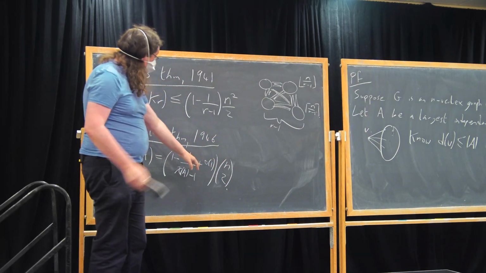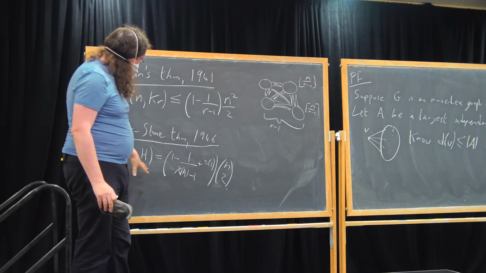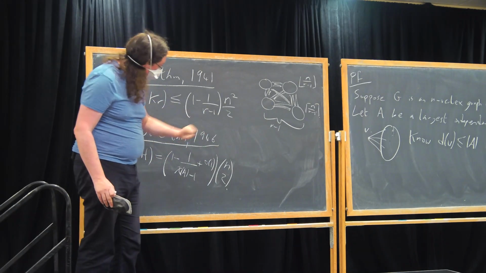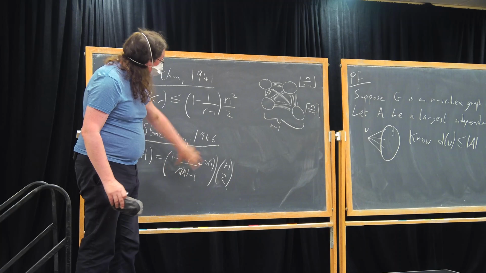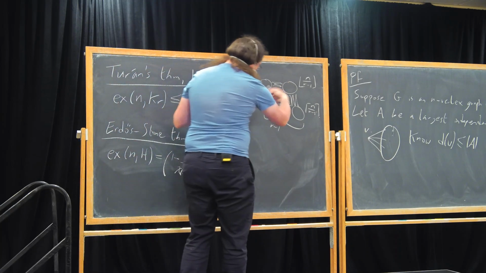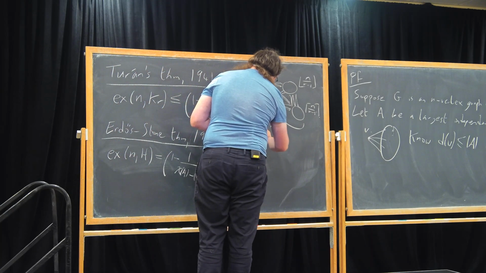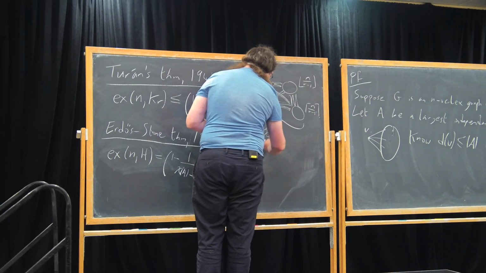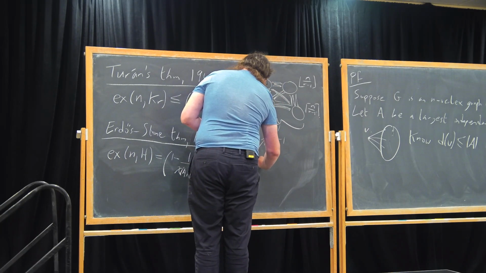But if you forget about them, then it's n choose 2 times the proportion of the edges, which is basically what you get with this kind of picture, except now this gets replaced by the chromatic number minus 1. So this is the chromatic number.